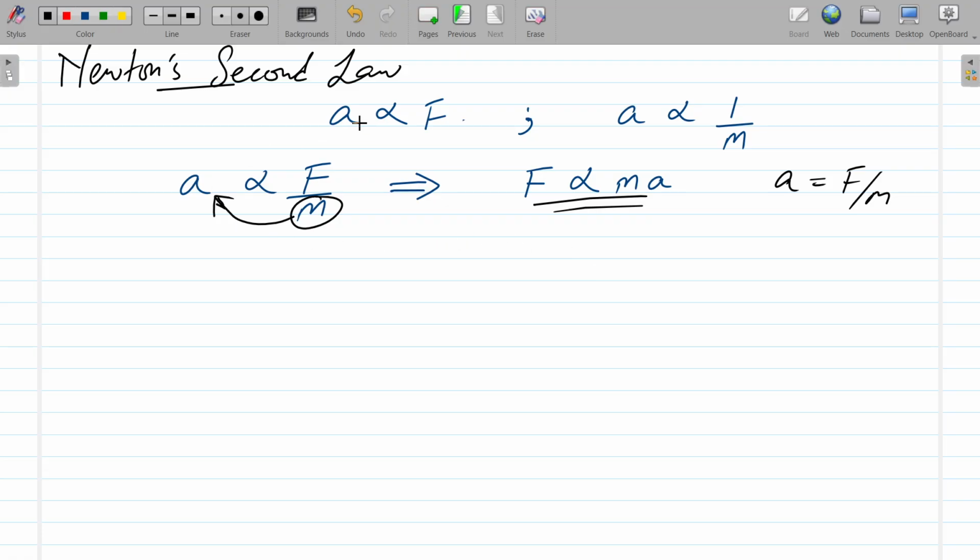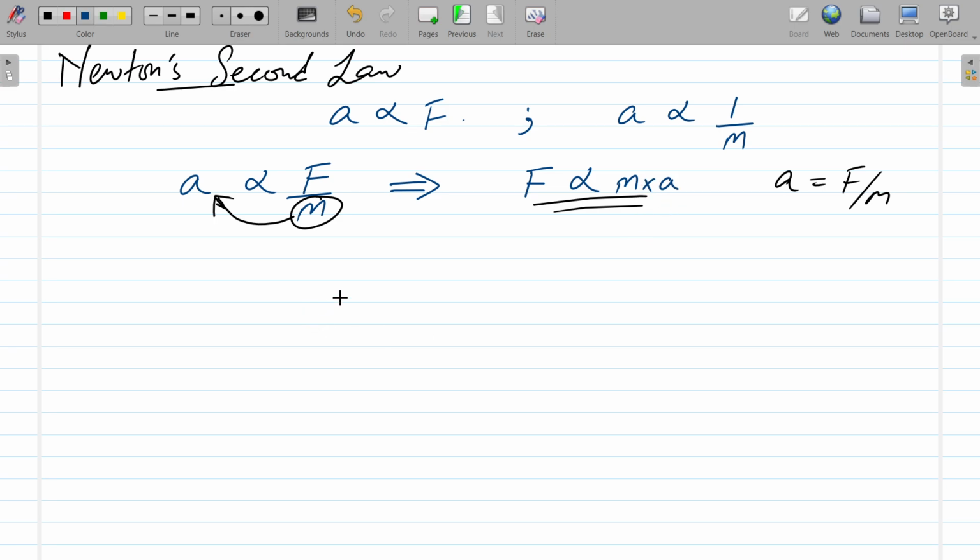So acceleration is directly proportional to force and inversely proportional to mass. We put those two together and move those around, and we get that force is directly proportional to the multiple of mass and acceleration. Or if I just put a multiplication sign between, it will become clearer.